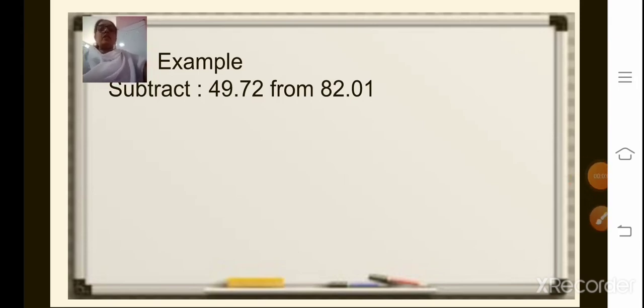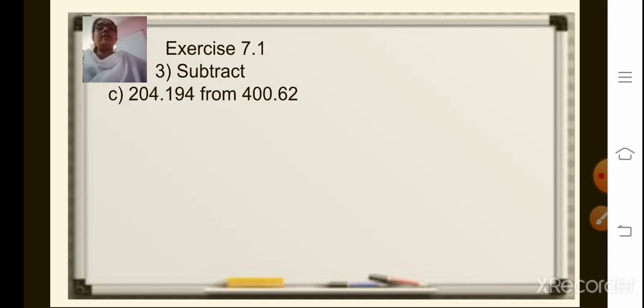Okay, let us start with our exercise sum. The first one is subtract 204.194 from 400.62.